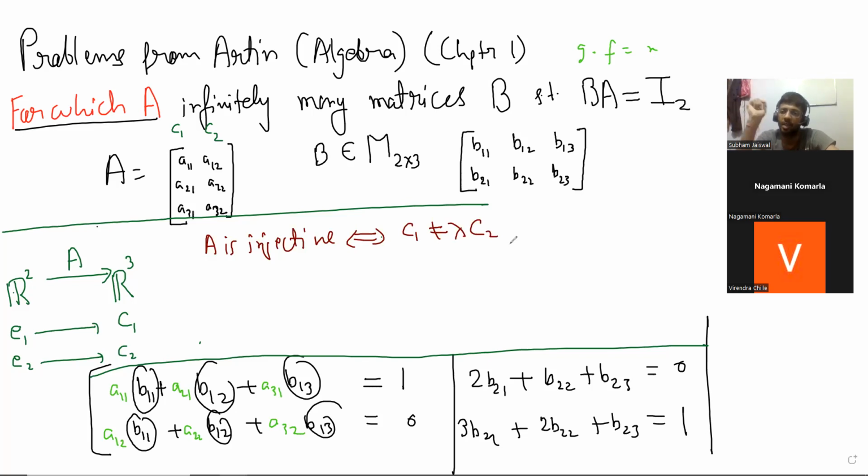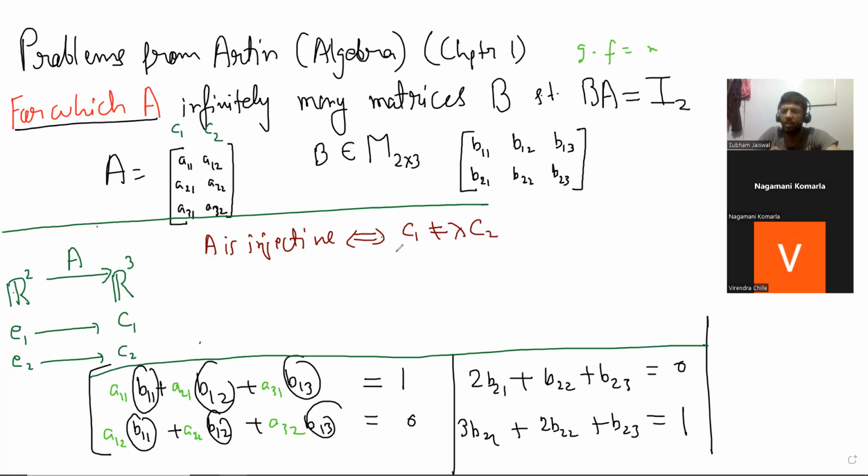You can prove the reverse way also. If A is injective, then certainly C1 is not equal to lambda times C2, and if C1 is not equal to lambda times C2, then you can show that A is injective. You should write that for homework.